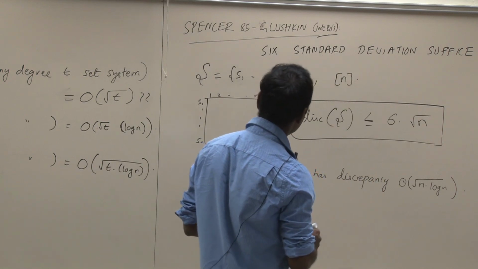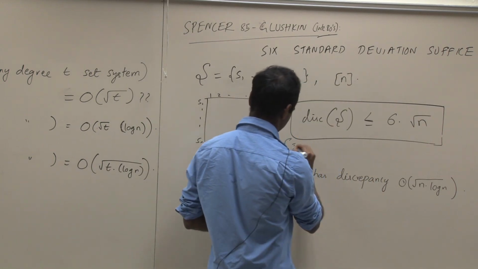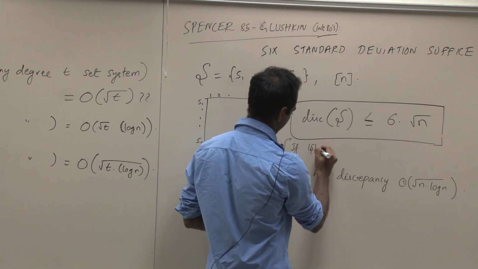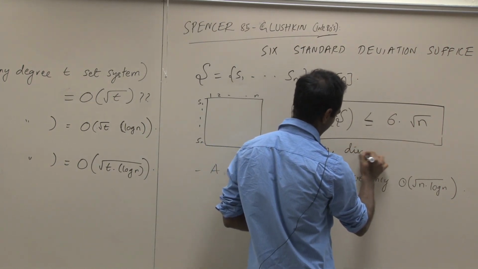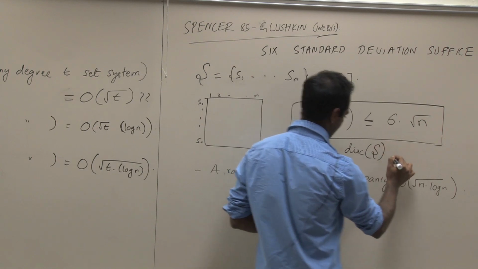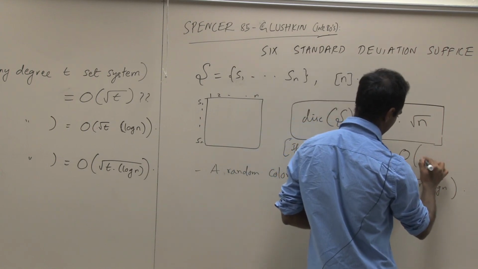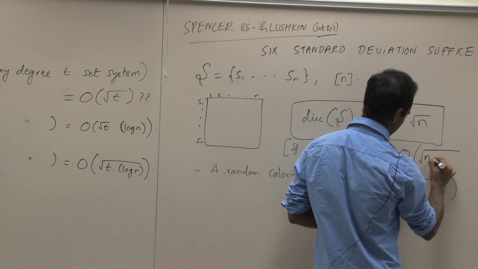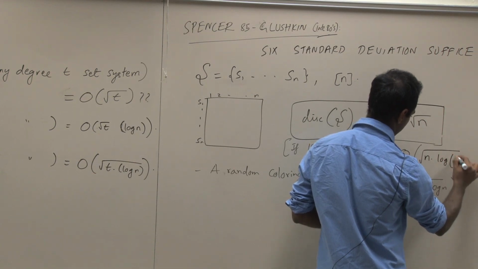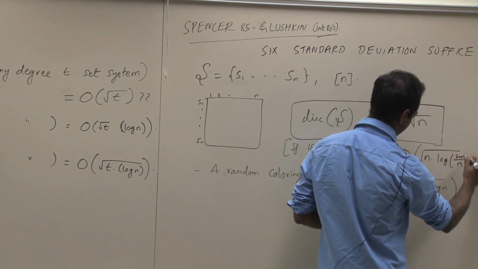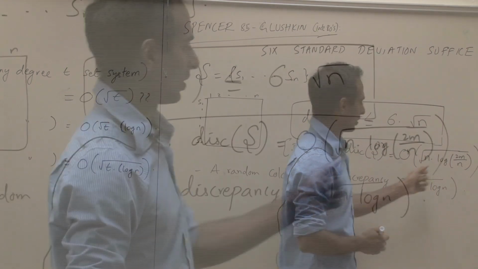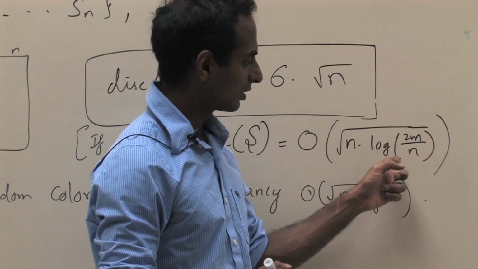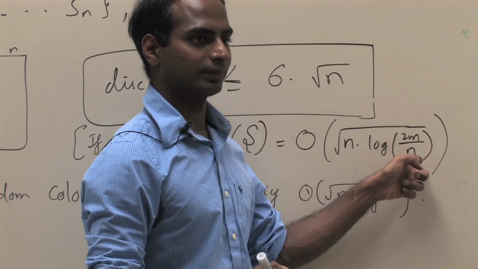Actually, if you have m sets, if the size of S is m, then you can show a bound of square root of n times log of m over n.